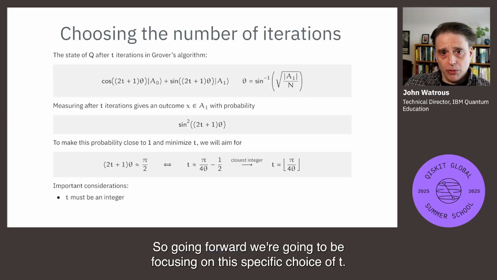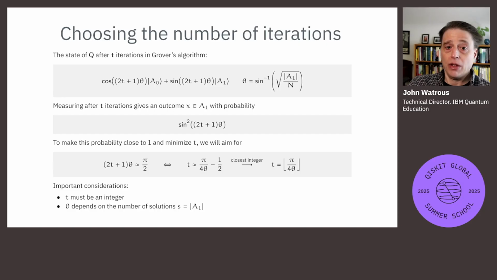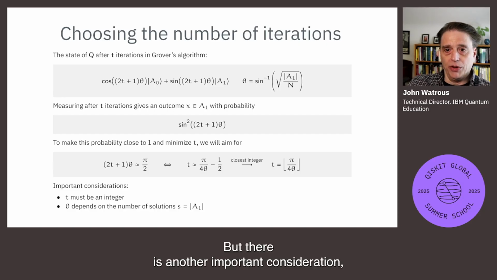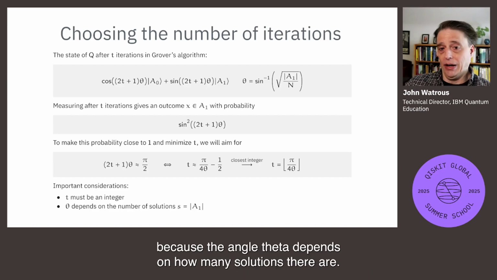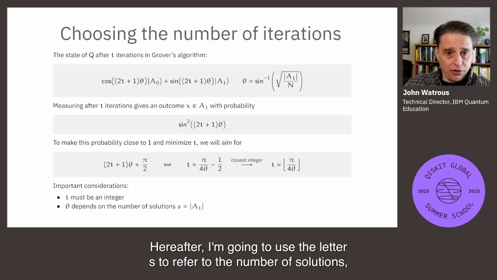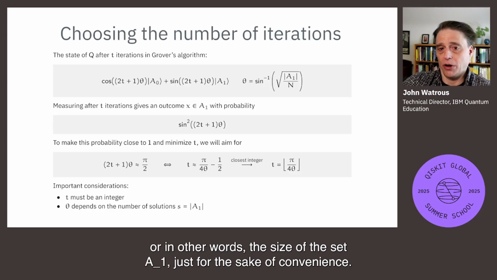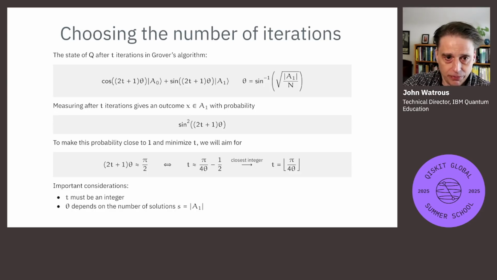So going forward, we're going to be focusing on this specific choice of t. But there is another important consideration, which is that this specification of t depends on how many solutions there are, because the angle theta depends on how many solutions there are. Hereafter, I'm going to use the letter S to refer to the number of solutions, or in other words, the size of the set A1, just for the sake of convenience.